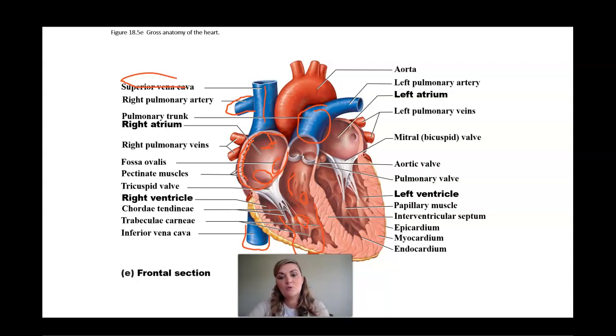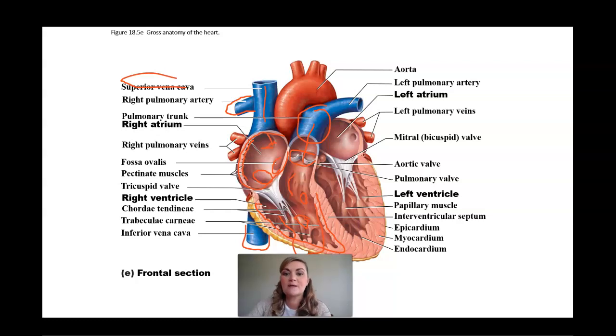From that right ventricle, once it contracts, and notice how the myocardium of that right ventricle is not going to be very thick at all going through this section, that muscle is going to push blood through the pulmonary valve, which is found here, up through this pulmonary trunk, and then it's going to split and go either through the right pulmonary artery or through the left pulmonary artery, and that will take it either to the right or to the left lung. It's going to drop off its deoxygenated blood at that point, and it's going to pick up oxygen.